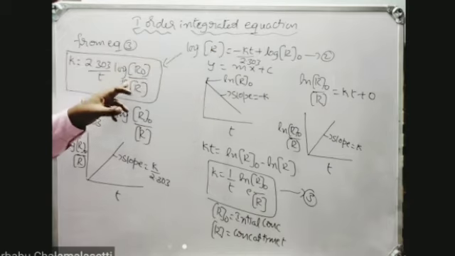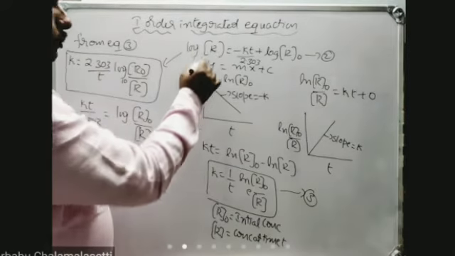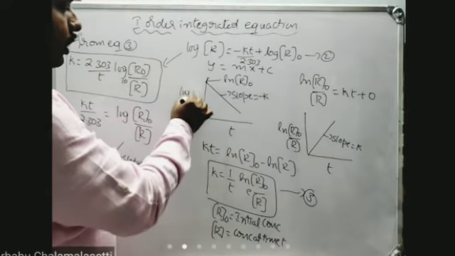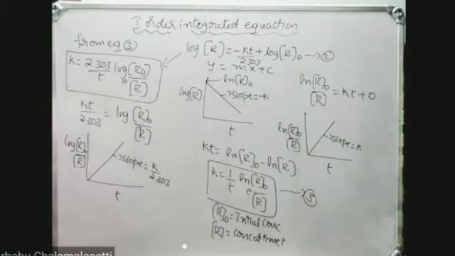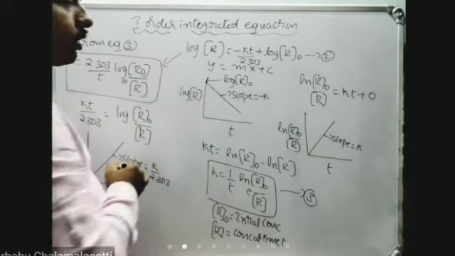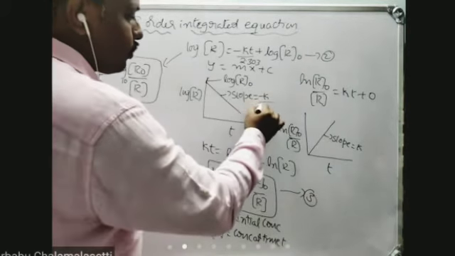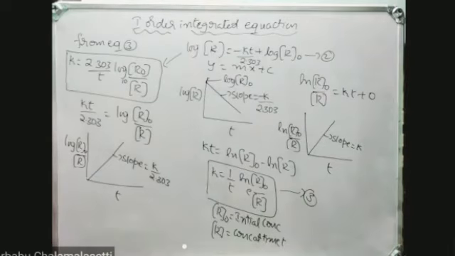If a graph is drawn between log R versus t, the shape of the graph is the same, but instead of ln you get log R, and the slope is equal to minus k by 2.303.